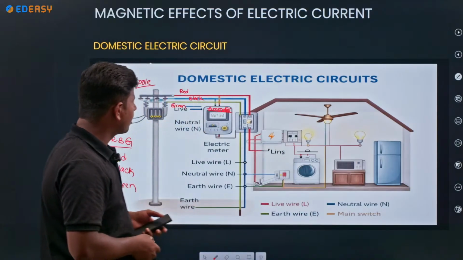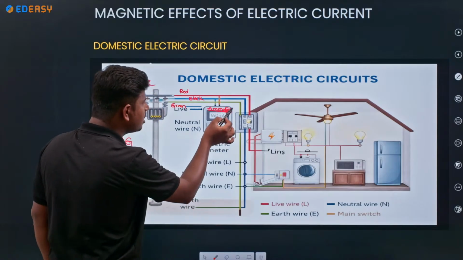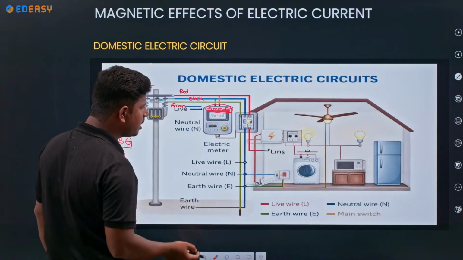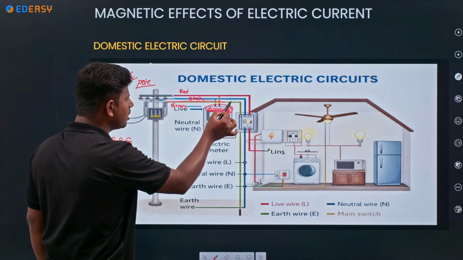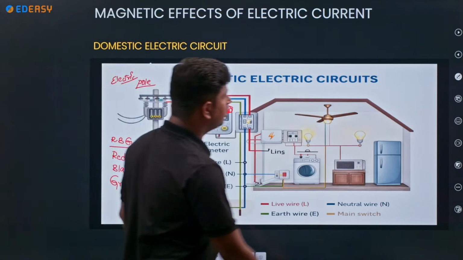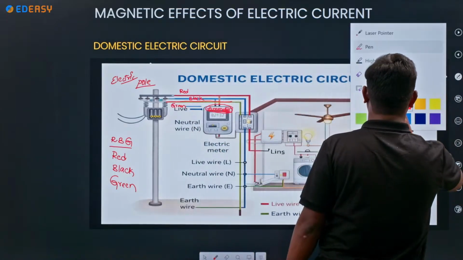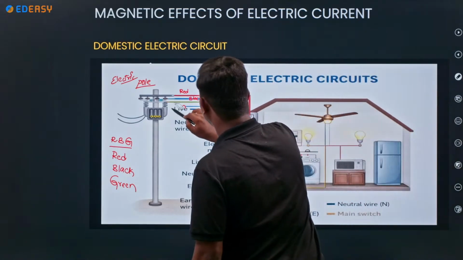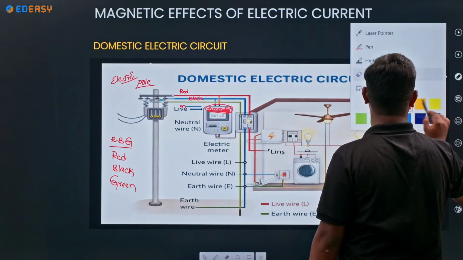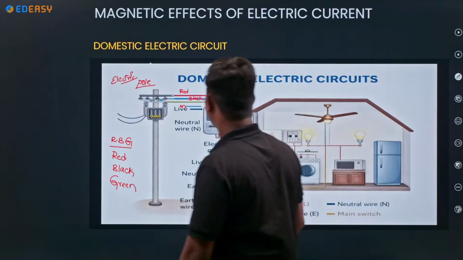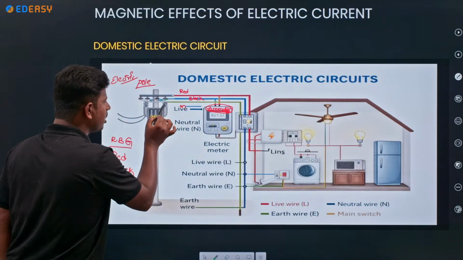See, from the meter, where do we take it? One green wire. If you observe the green wire, what are you observing in it? Look once. If you take a green wire, see, from the pole I am getting a green wire.